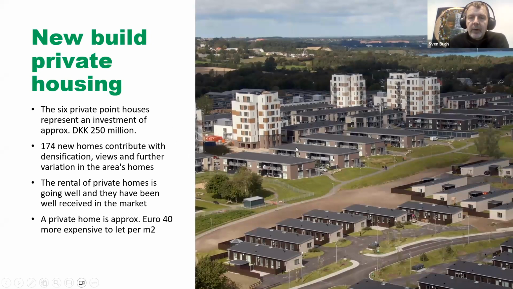We can see here we have renovated blocks, and we have sold ground for private developers to do these more high-rise buildings, so we can get a mixed community with social and private housing.